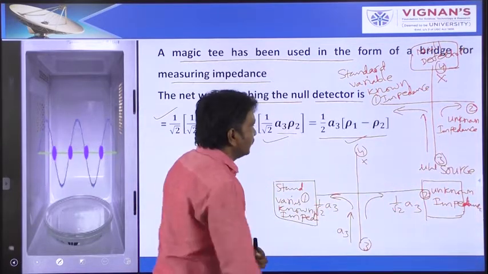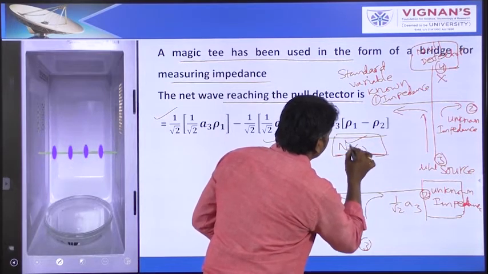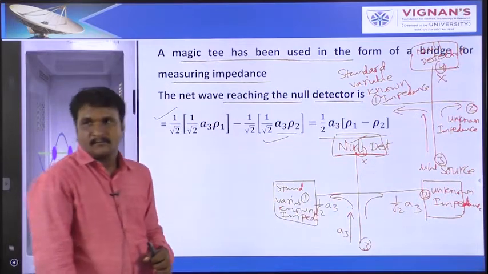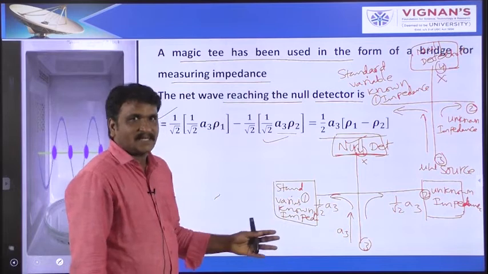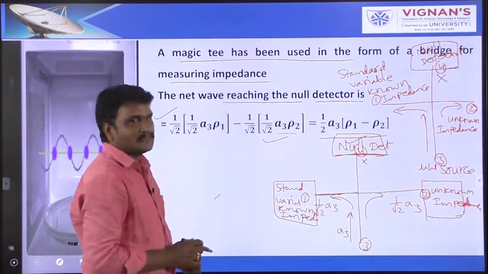Unknown impedance, and here connect one null detector, right? If your standard variable known impedance is mismatched with this port, what happens?